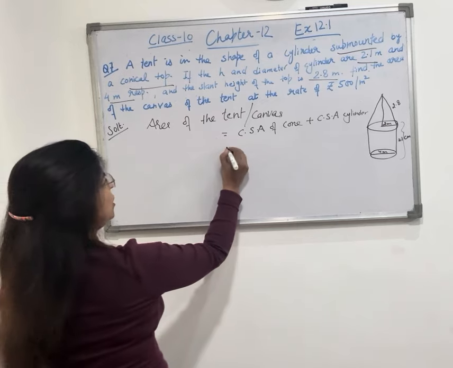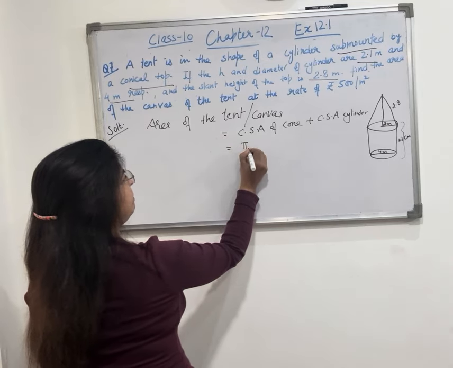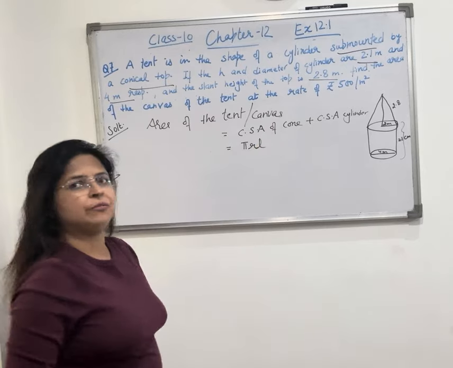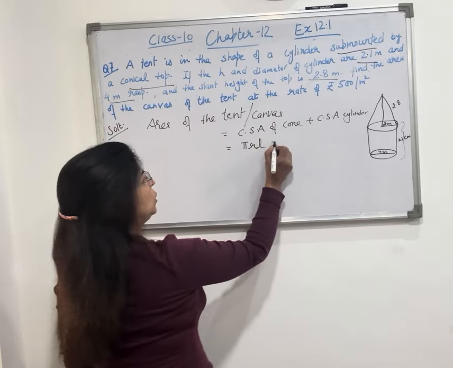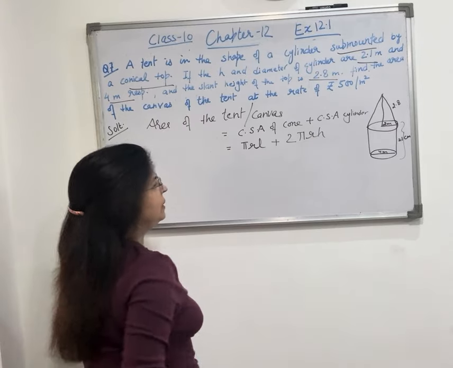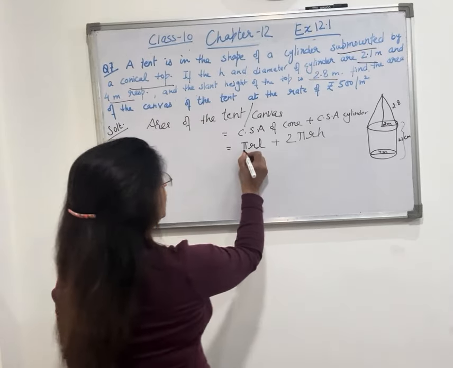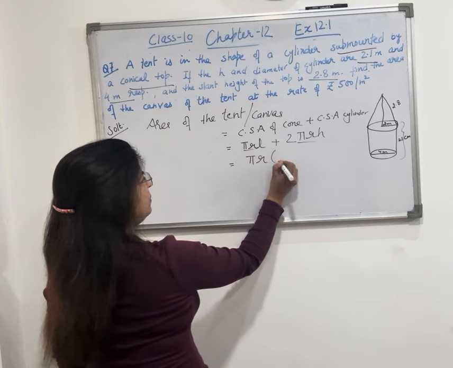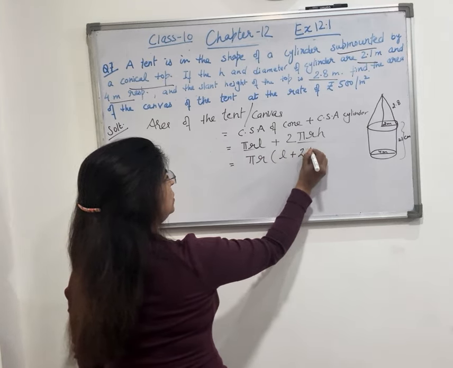So curved surface area of cone is pi r L and the curved surface area of cylinder is 2 pi r h. Let's take common. So pi r is common. So in the bracket we have L plus 2h.